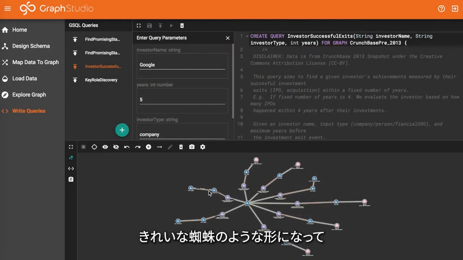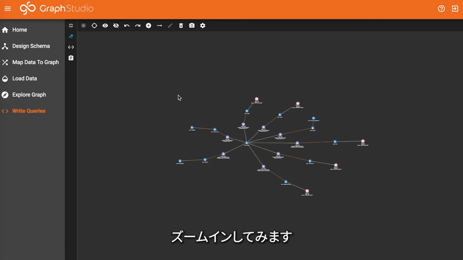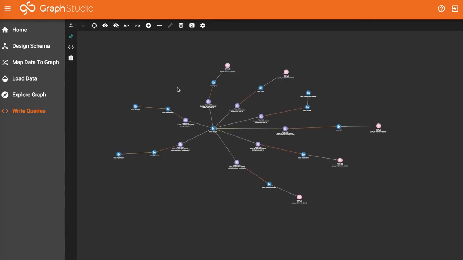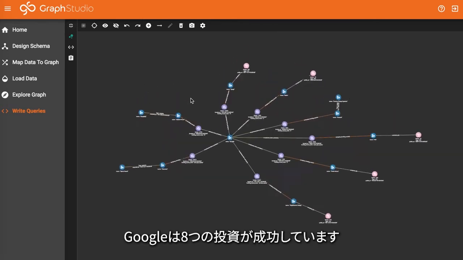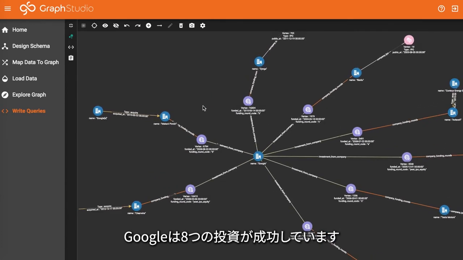So you see it makes this nice sort of spider, and naturally Google is at the center. So we'll zoom in a bit. And we see that Google had 8 successful investments.